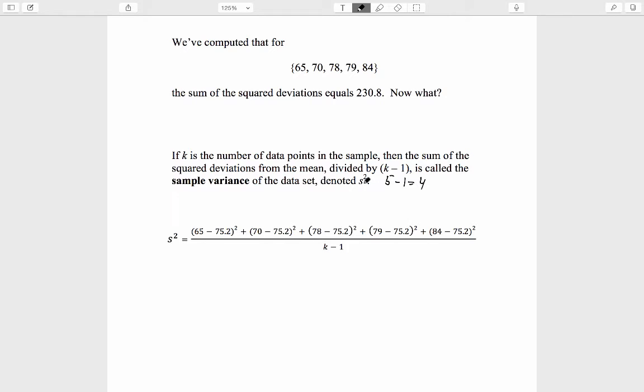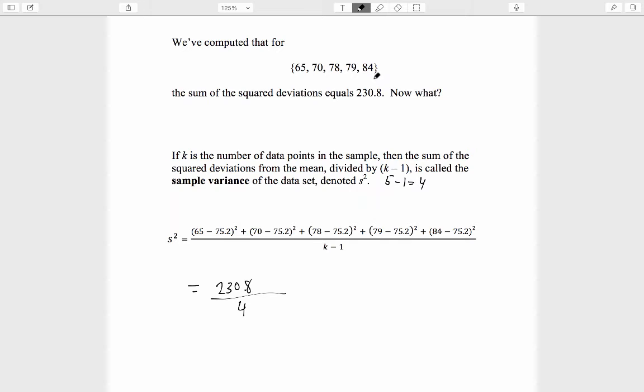It is denoted little s squared. This thing in the numerator here may look complicated, but this is exactly the sum of the squared deviations from the mean. This is exactly what we tallied up in the right column of the table in the previous slide. That sum of squared deviations from the mean, which is 230.8, divided by k minus 1, which we noted is 4 here.